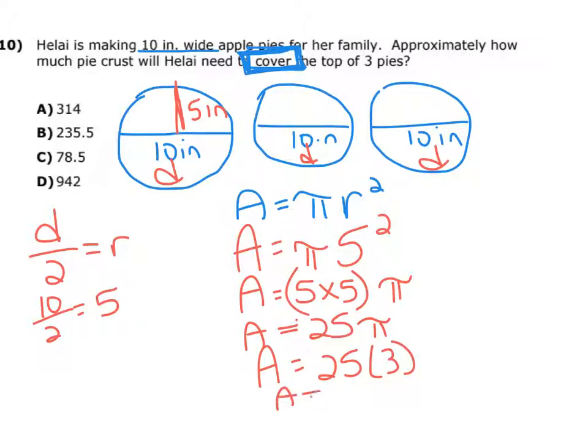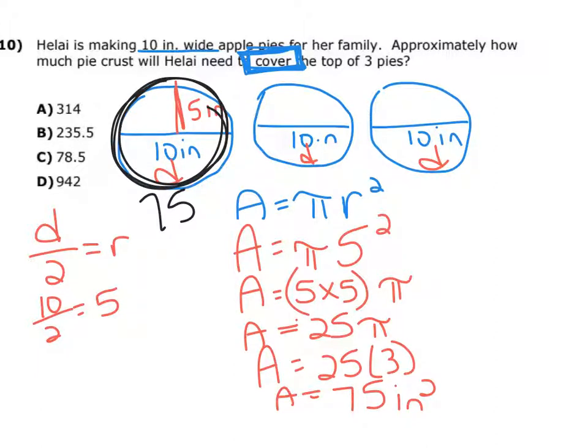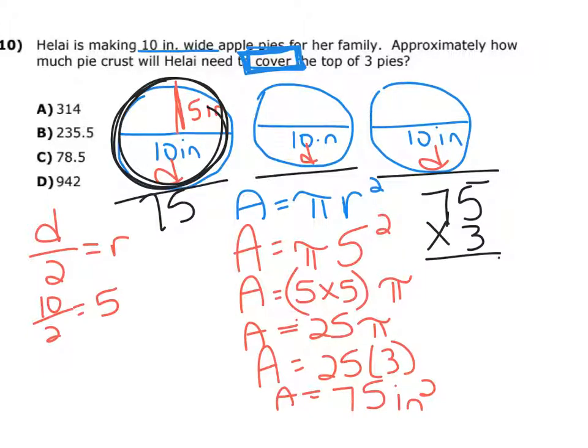So area is equal to 75 square inches. Now, that means that's only one of them. This is only one of them, and one of them is 75. So what I need to do is multiply 75 times 3 because we have 1, 2, 3 pies. So that's going to be 15. 3 times 7 is 21, plus 1 is 22. So remember, this is going to be 225 plus a little bit more.